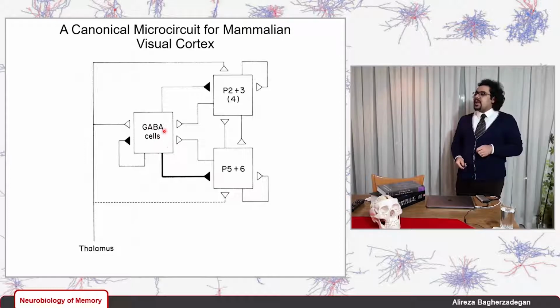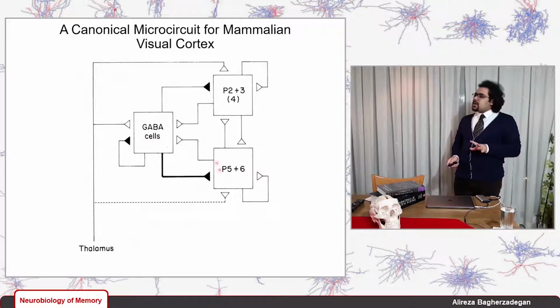They also activate these GABAergic cells. These triangles represent synapses: the open or white triangles are excitatory synapses, and the filled ones are inhibitory synapses. You can see that the population of GABAergic cells makes connections with themselves, recurrent or feedback inhibition.